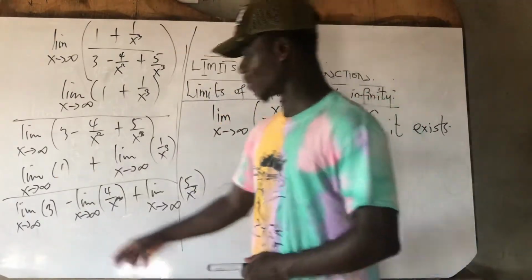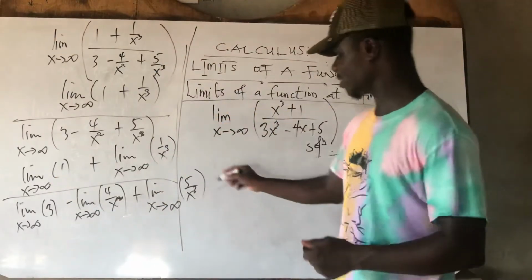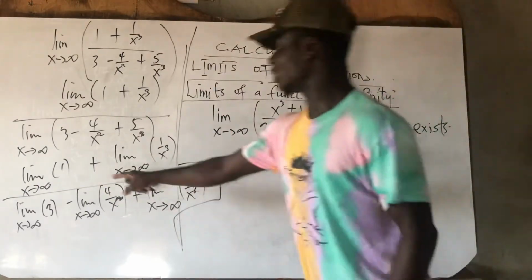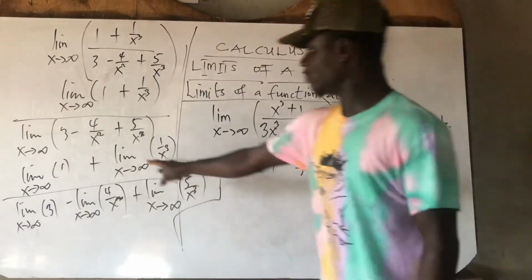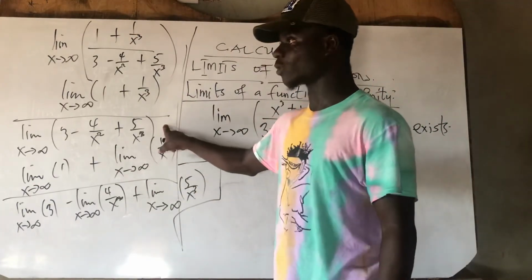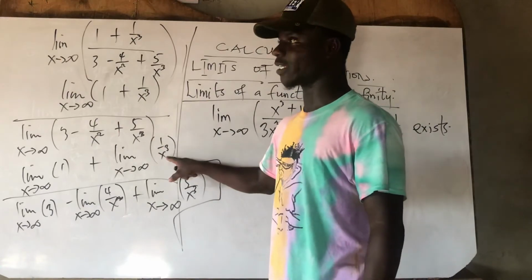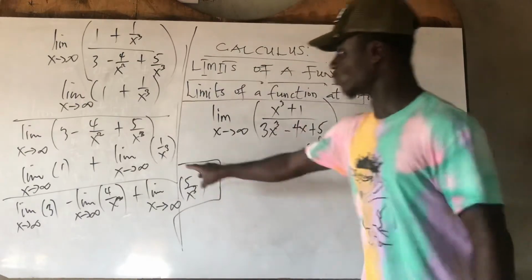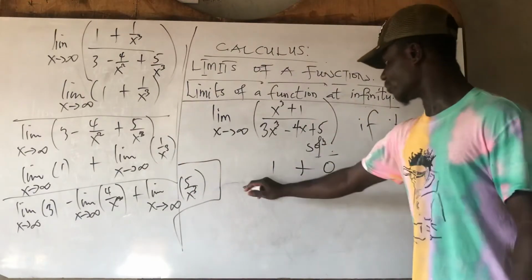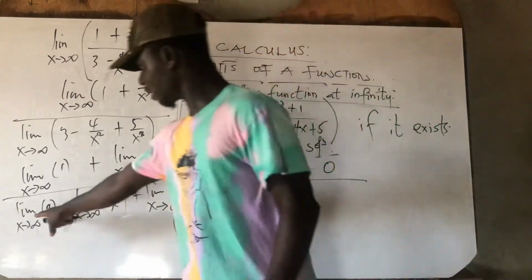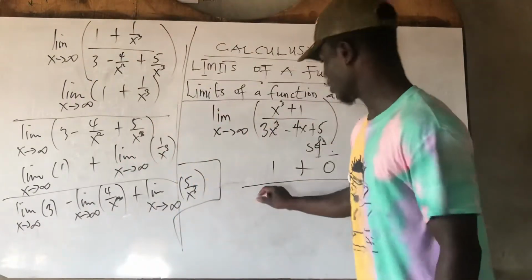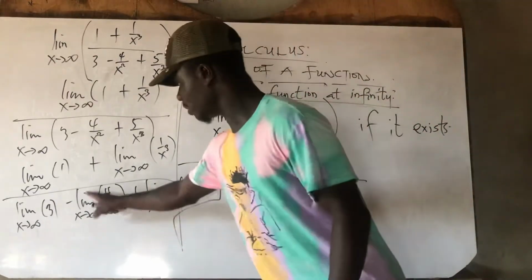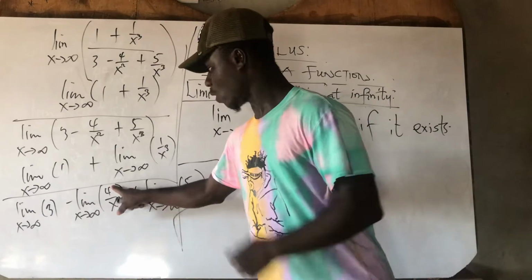The limit as x approaches infinity of 1 is the same thing as 1. Then plus the limit of 1 over x to the power 3. This one is an exponential function, so when you plug in a larger value, this function goes towards 0. All over the limit of 3, the answer is still 3, minus the limit of 4 over x squared.